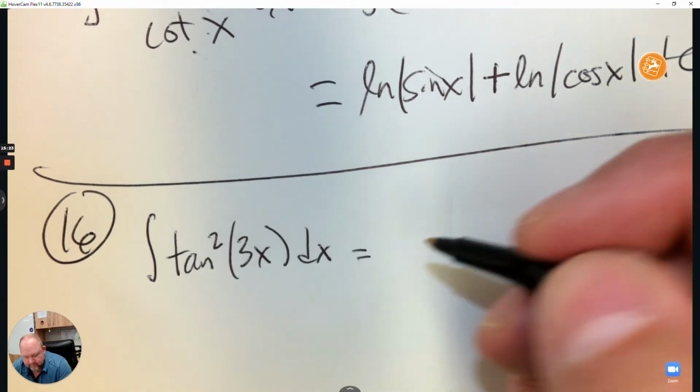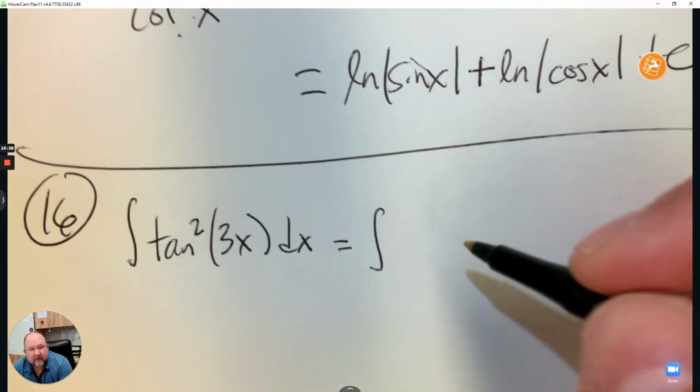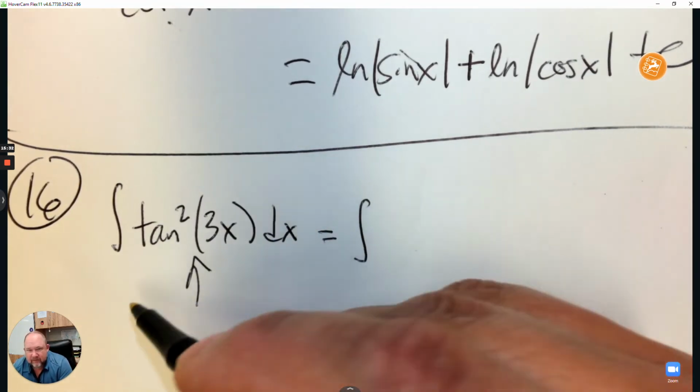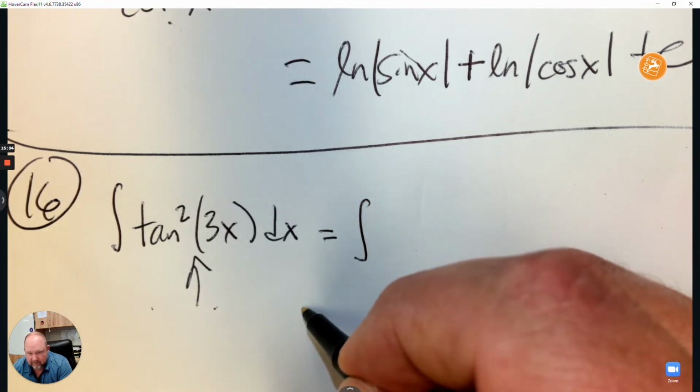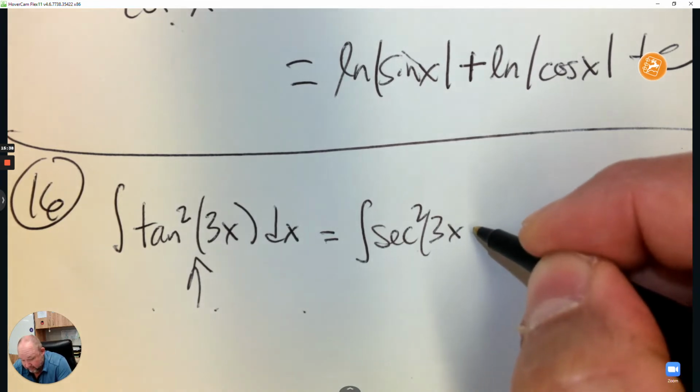Tangent squared. Let me look. Oh, yeah. This is a Pythagorean identity. Sine squared plus cosine squared equals 1. And if you change it, I'm just going to tell you, it's secant squared minus 1.